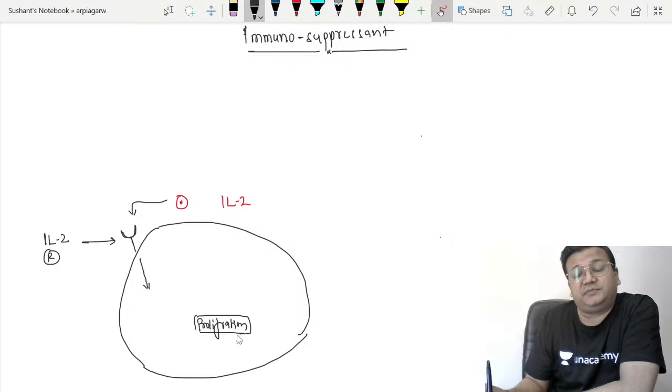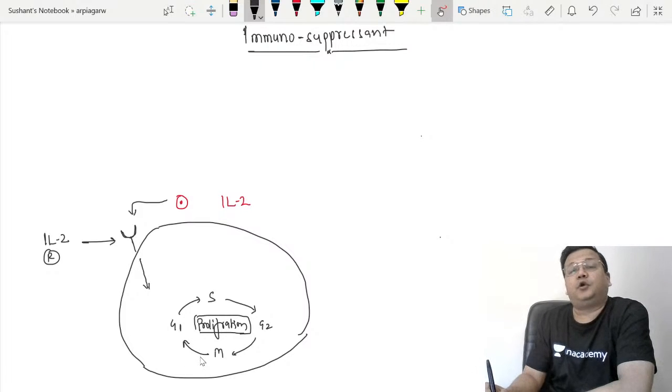And what does proliferation mean? It will divide. Division of the cell simply means cell cycle. So the cell will pass from the S stage to mitotic, and in between you will have the G1 and the G2 stage. The cell will go through the phases of the cell cycle, divide, and the T cells will proliferate.